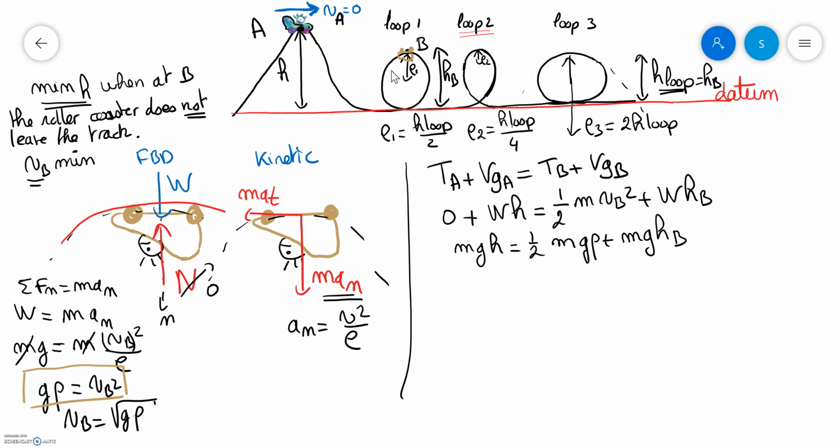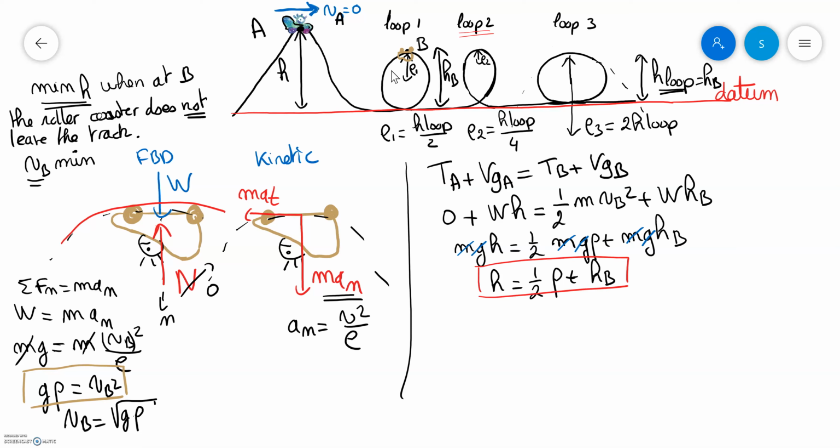We can remove mg. So we have H equal to 1/2 of rho plus HB. See how the formula simplifies a lot, and we have just this one left.